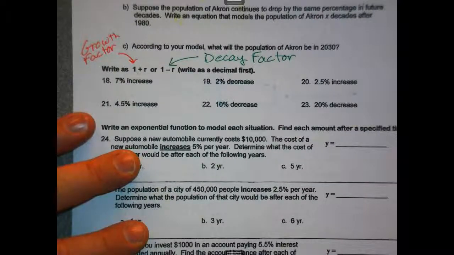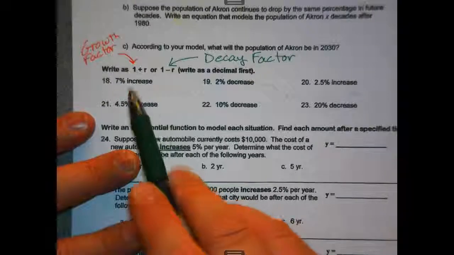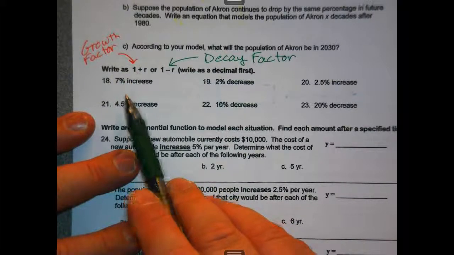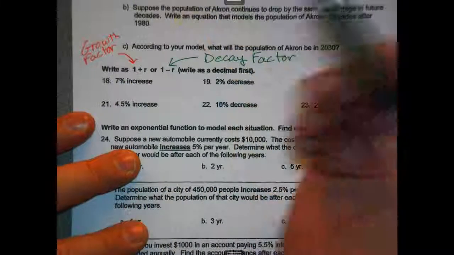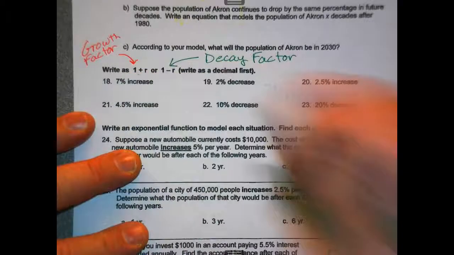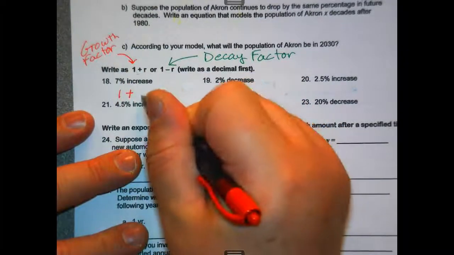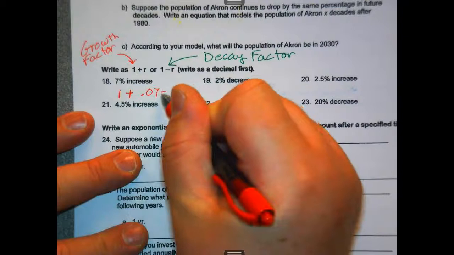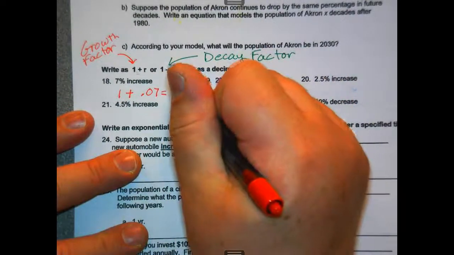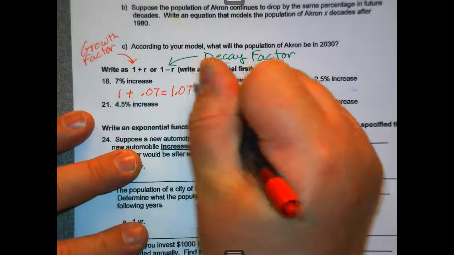So let's just do a couple of these. 7% increase. Well, that's a growth. So that would be 1 plus our rate, which is 0.07. So our growth factor is 1.07.